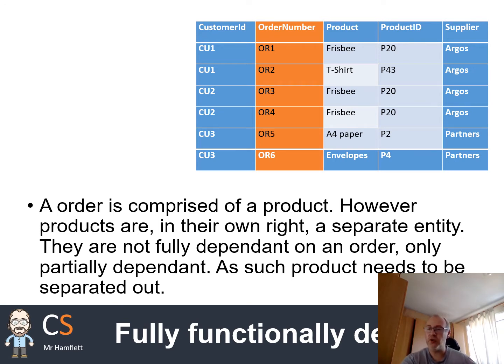However, when the product arrives, it's completely separate, isn't it? It's something physical and tangible that I can touch and I can use. So although they're very closely linked, and there is definitely some dependency because you can't have an order without a product, they're not the same, are they? They are separate still. Think back to the first video I did when I was explaining what is an entity.